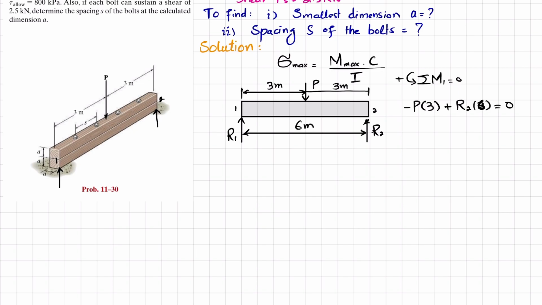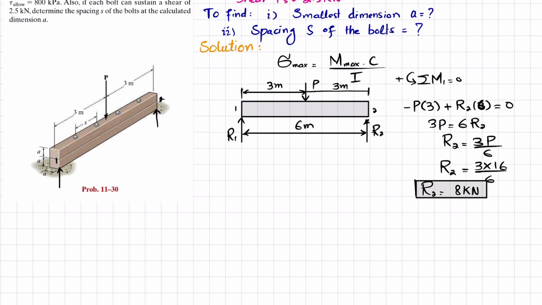When you solve this, you will get 3P is equal to 6R2. You are interested to find R2, so R2 is equal to 3 into P divided by 6. Now you know that P is 16 kilonewton. So 3 into 16 divided by 6 will be equal to R2, and R2 will be equal to 8 kilonewton.